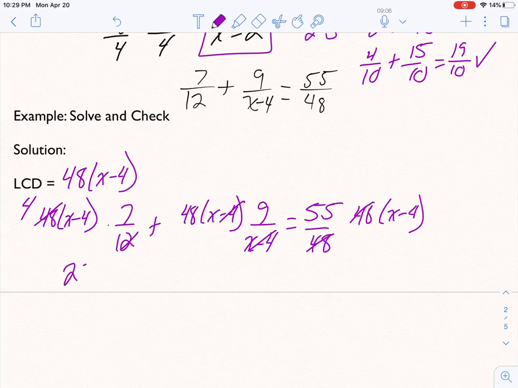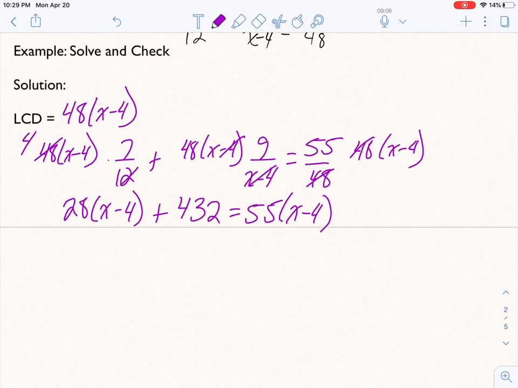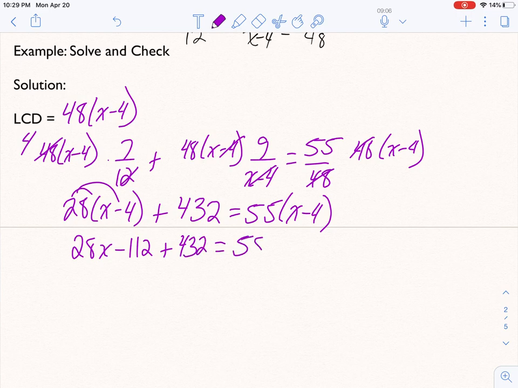Gonna get over here 28 times x minus 4 plus 432 there, and 55 times x minus 4. Distribute the 28. 12 432 equals 55x.